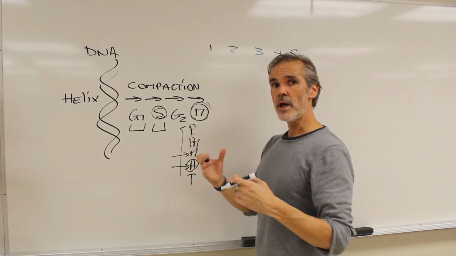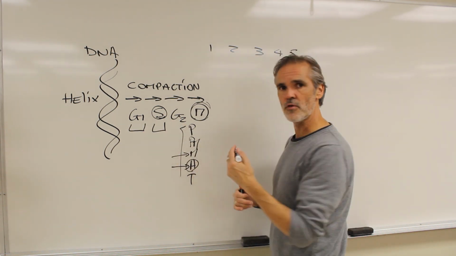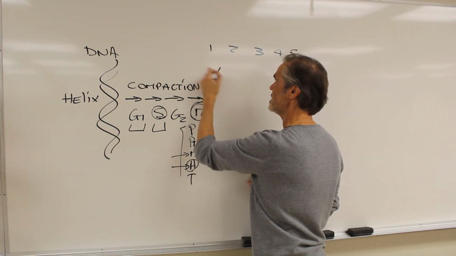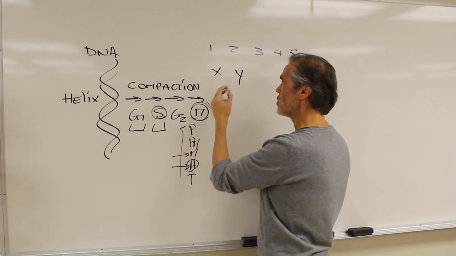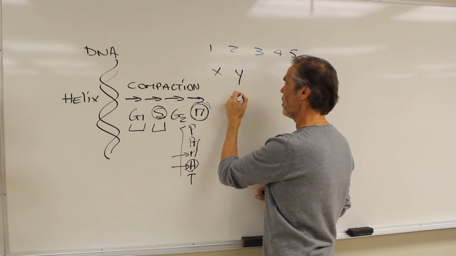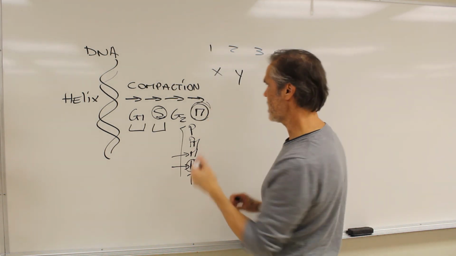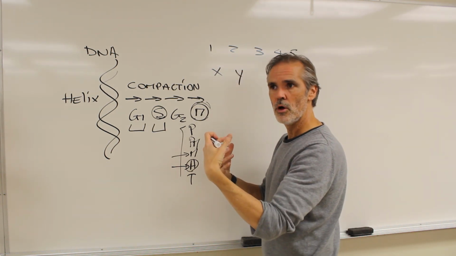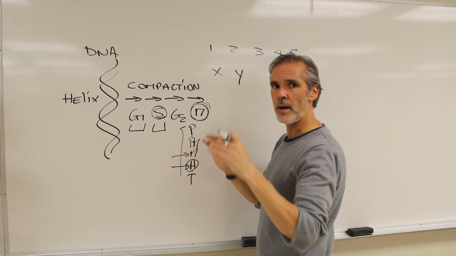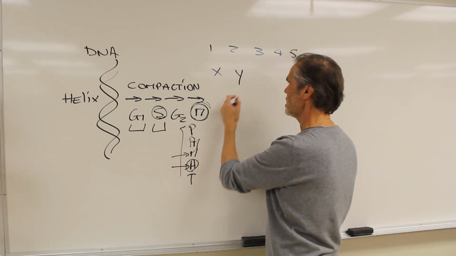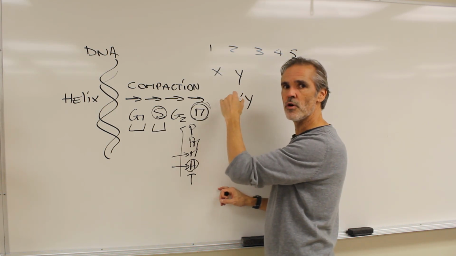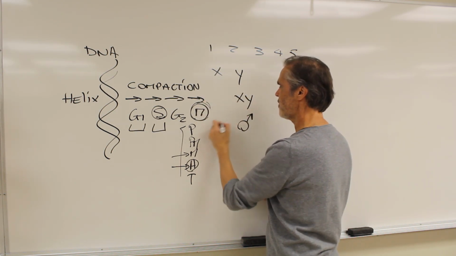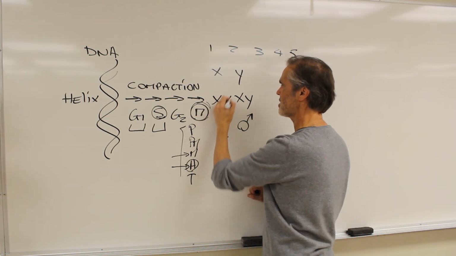So we have 22 pairs of these, plus, of course, the 2 sexual chromosomes, either the X or the Y, right? So the genotype for males, the chromosomes that define male cells, is XY, one chromosome X, one chromosome Y, and for female we have XX, right?